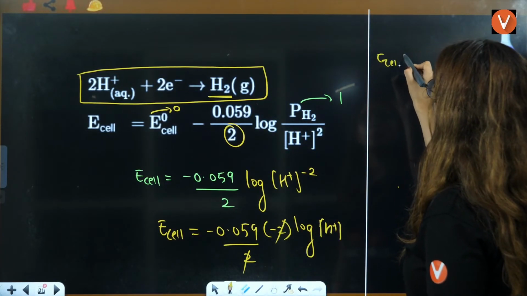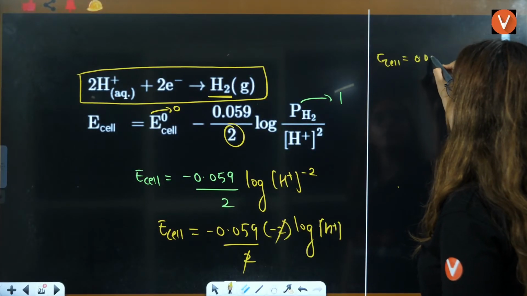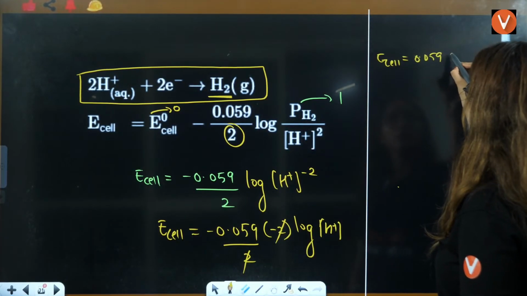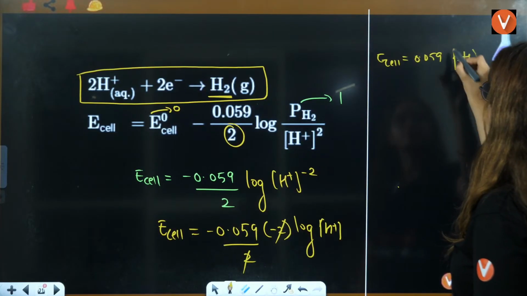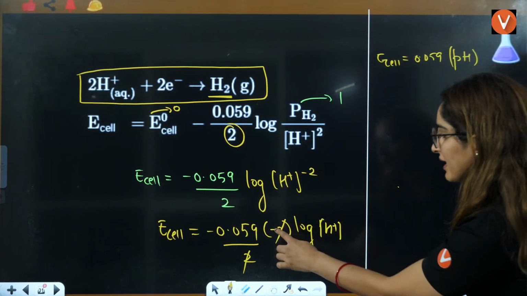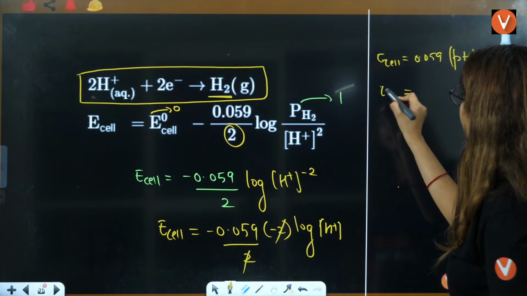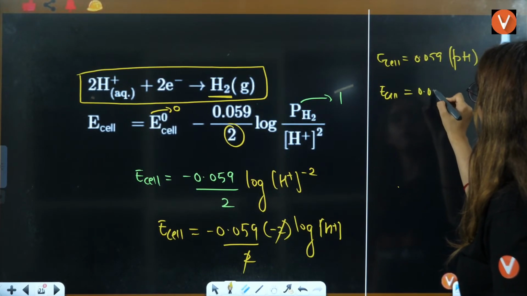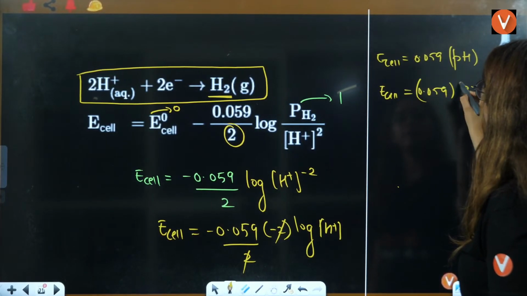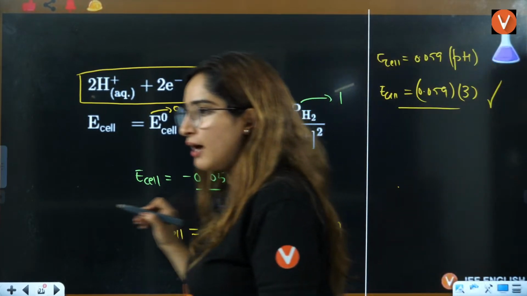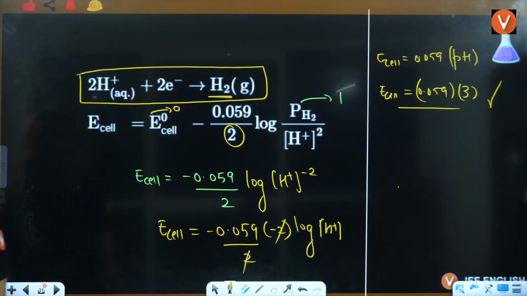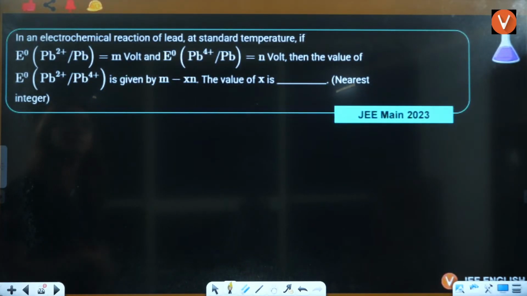E cell is equals to 0.059 times pH. Why? Because minus of log H positive is pH. So that's why E cell is equals to 0.059 multiplied by 3. That is going to be your answer here. Right? Okay, everybody.